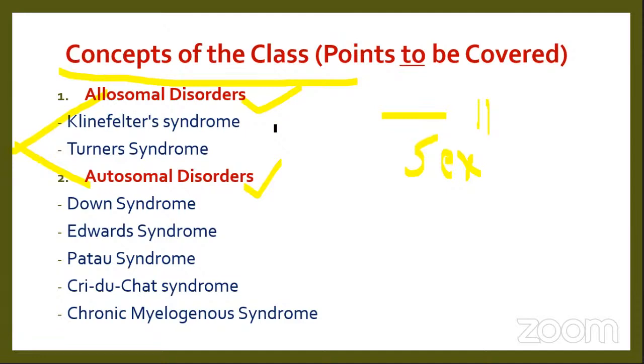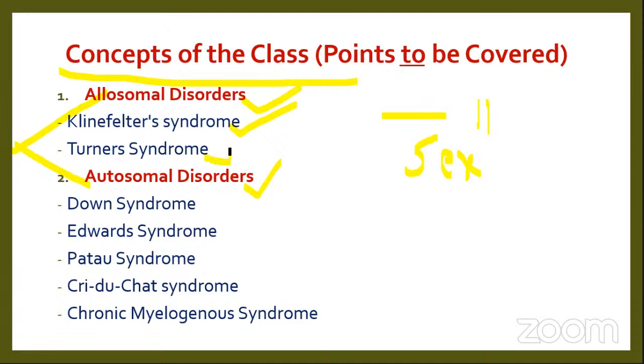If there are changes in the autosomes, then certain disorders occur, and they are called autosomal disorders. Today we are going to cover allosomal disorders and autosomal disorders: why they occur, what is the reason behind them, and what are the different symptoms of each syndrome. See the screen for allosomal disorder examples. Two basic examples are given: Klinefelter's syndrome and Turner's syndrome.